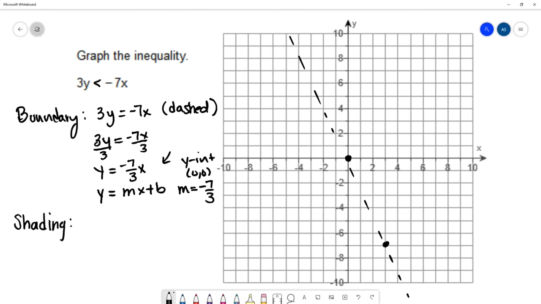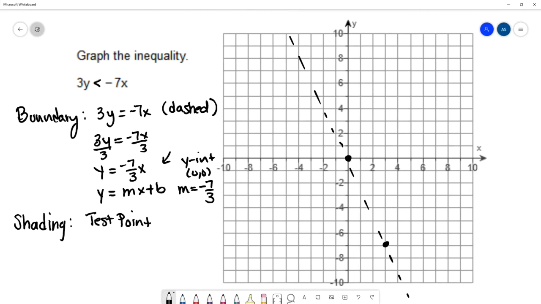So we've done the boundary. Now we're going to move on to the second step, which is to figure out the shading. Now when you do the shading, you have to figure out which side of this line makes the inequality true. So we choose a test point. There's only one rule with the test point.